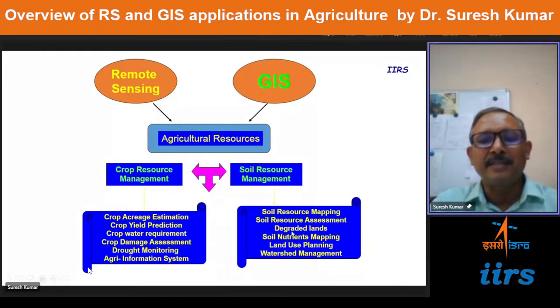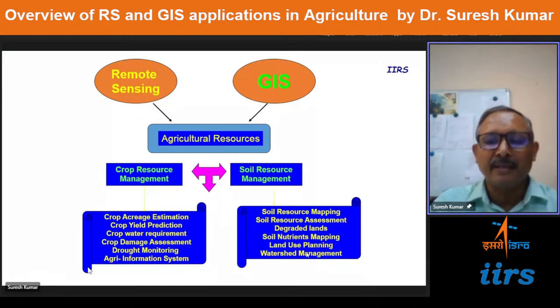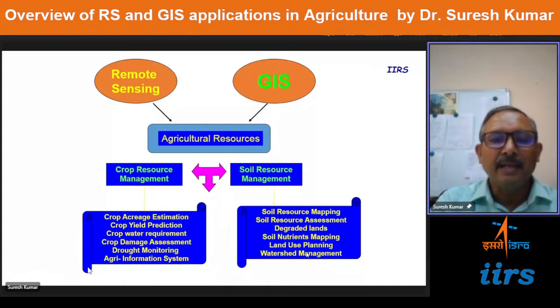Then there are degraded land mapping, soil nutrients mapping, land use planning, and watershed management. These are the broad topics, and I am just giving you some glimpses of the applications used in the field of agriculture. You will hear more in detail in the coming lectures this week.